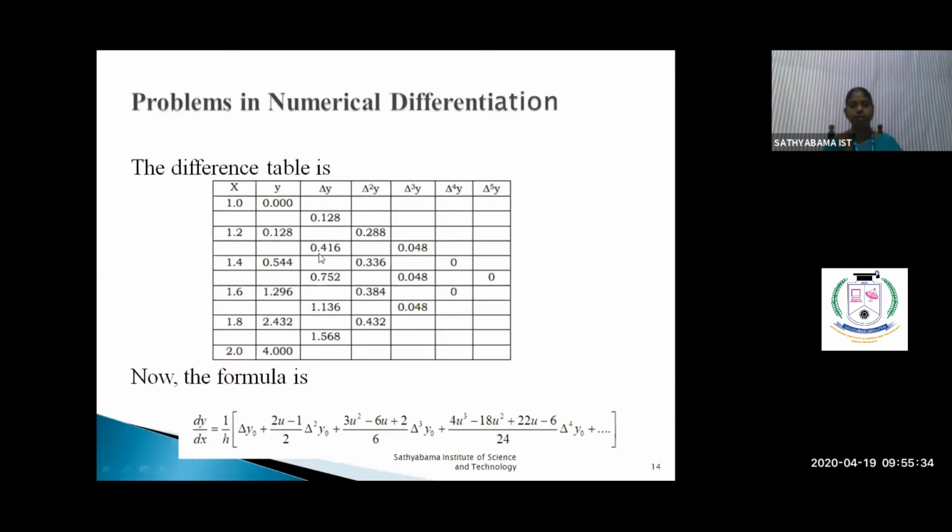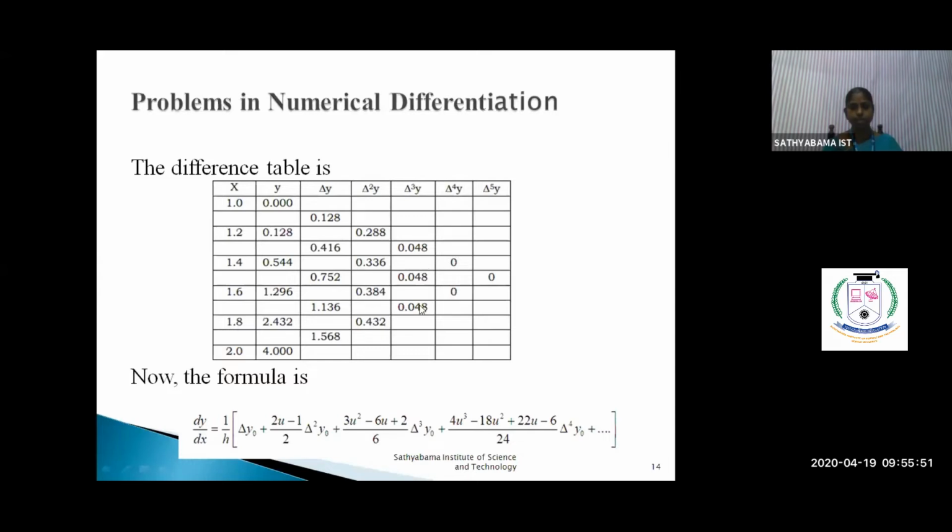Like the second order, from this part you have to subtract this number, so 0.416 minus 0.128 becomes like this. Like this we are finding the second order differences, delta square y.